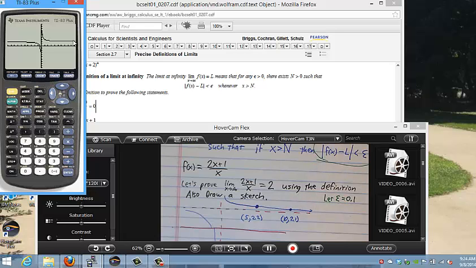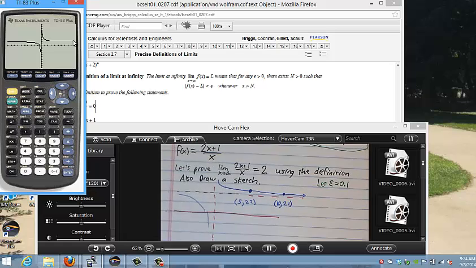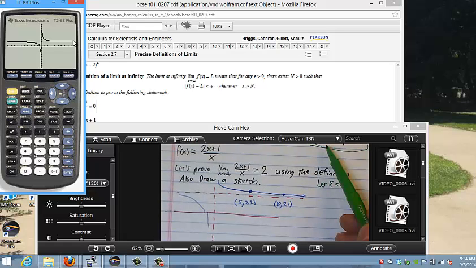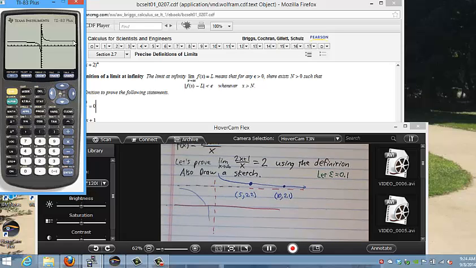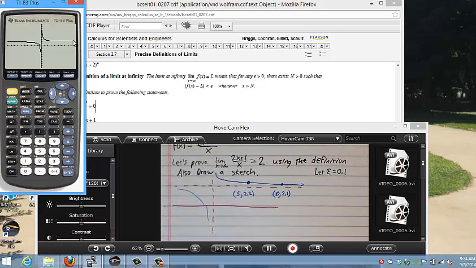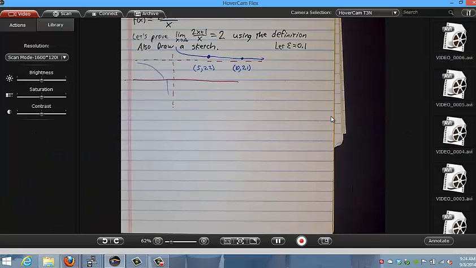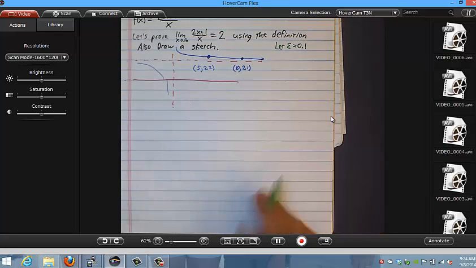Well, let me be more precise about what that would mean. Let's see. F of x. See, now you've seen enough that it's time for me to enlarge this so we can use the whole paper. Okay. Let epsilon be 0.1 to start.